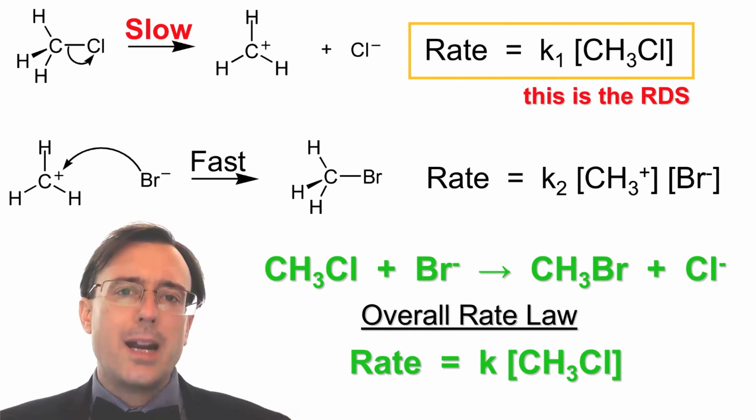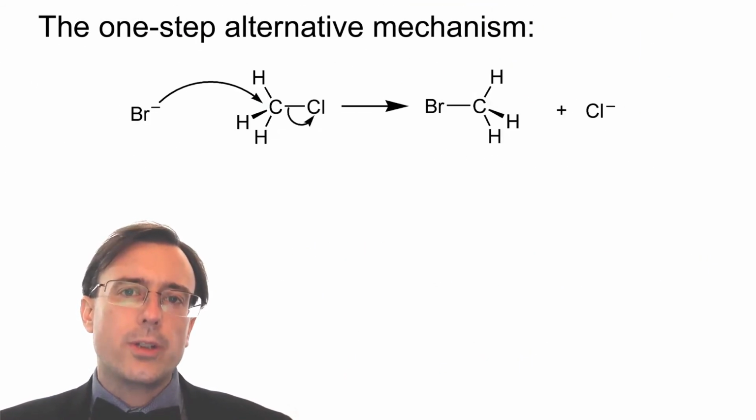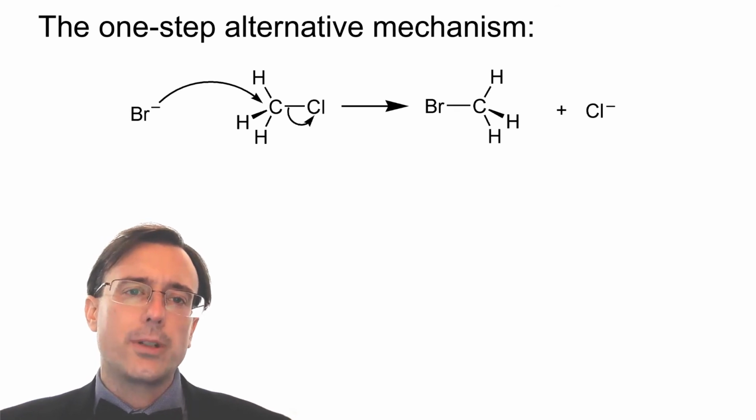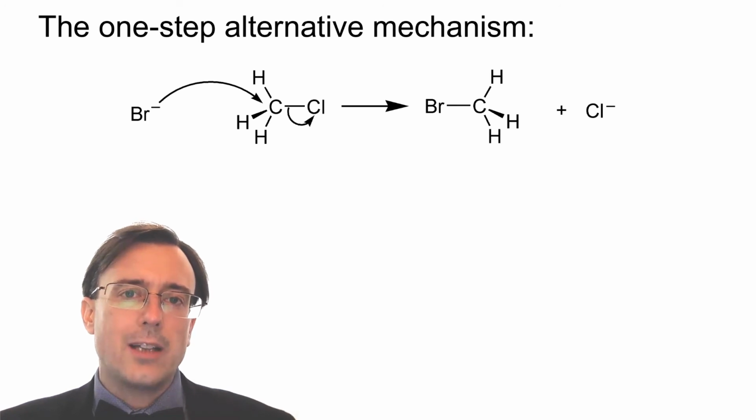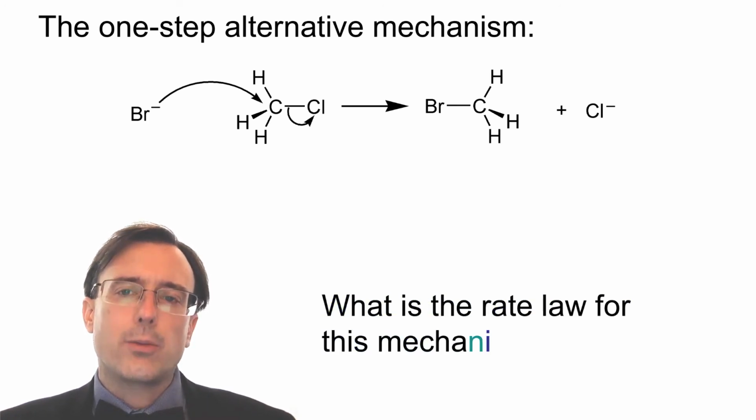The rate law should not include the concentration of the bromide. Now let's go ahead and compare this to the alternative mechanism. Remember, the alternative mechanism is bond breaking and bond forming occurring at the same time, all in one elementary step. So if this mechanism occurs in one single elementary step, what do you think the rate law is going to be?